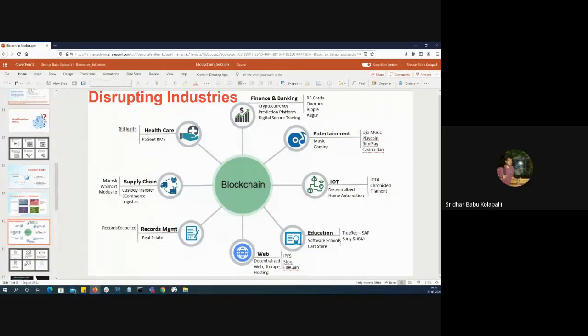Take the example of Maersk, right? When you are shipping from, let us say, India to Germany, the shipment has to go through customs within India, then cross various borders, and then reach customs in Europe.